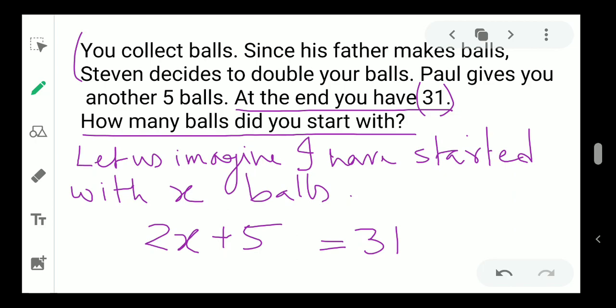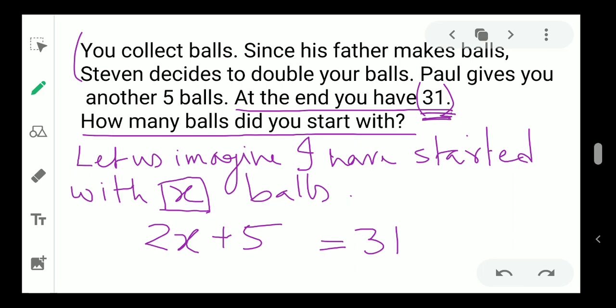See how slowly I have gone. First I have started with the variables. Whatever will be in the question, most of the time you have to take that as variables. Then see, look where the reference value is given. So 31 is my reference value, so I have written 31 in my right hand side, and then I have seen what is the reference value, that is how much I will have at last.